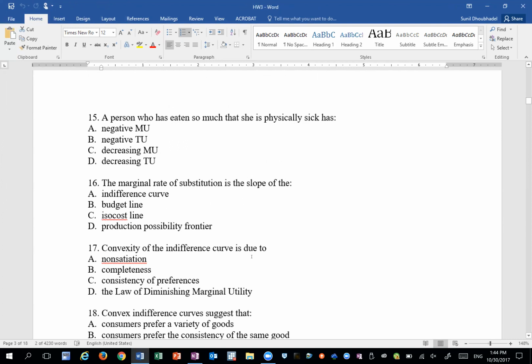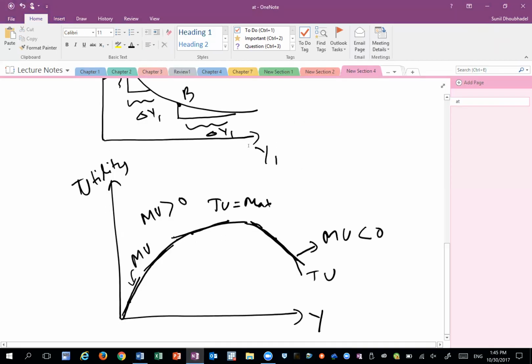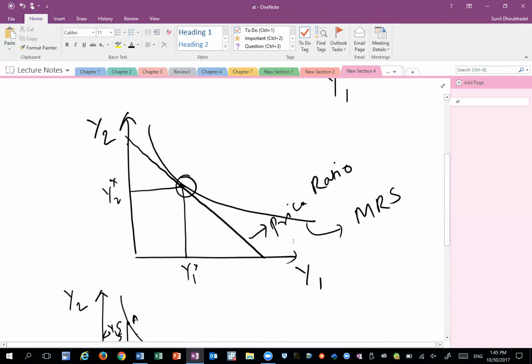Okay, the marginal rate of substitution is the slope of the what? Indifference curve, budget line, isocost line, production possibility frontier. The marginal rate of substitution is the slope of what? Didn't we discuss that before here?